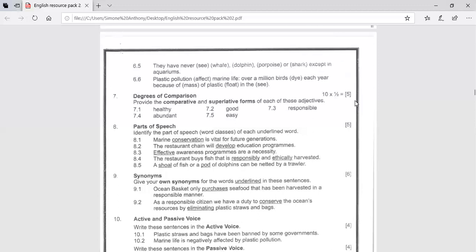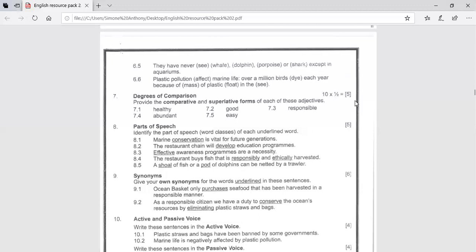Develop there is a verb. 8.3, effective awareness programs are a necessity. Effective there is an adjective. 8.4, the restaurant buys fish that is responsibly and ethically harvested. Those become adverbs, sorry, they are modifying the verb.